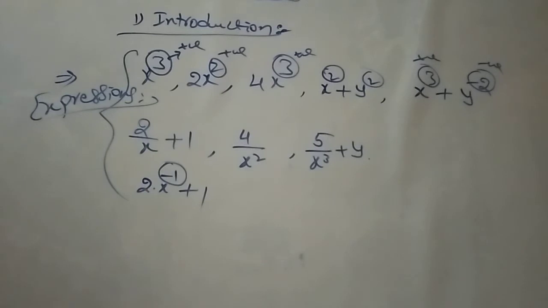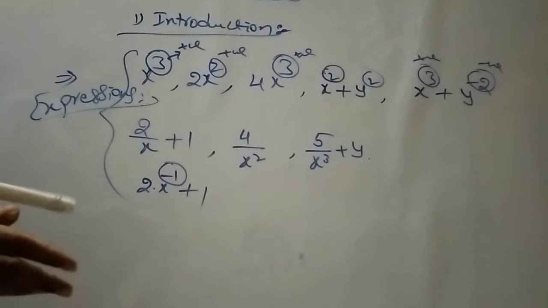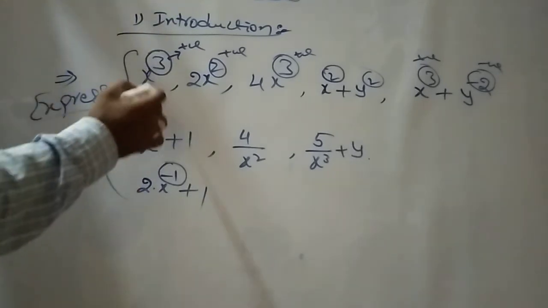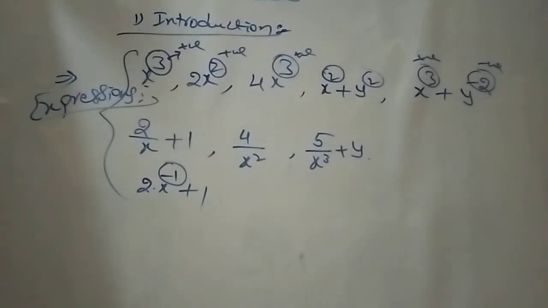The expressions which have only positive exponents. Positive exponents means an algebraic expression in which the variables involved, meaning x, y or something, have only non-negative powers is called a polynomial.